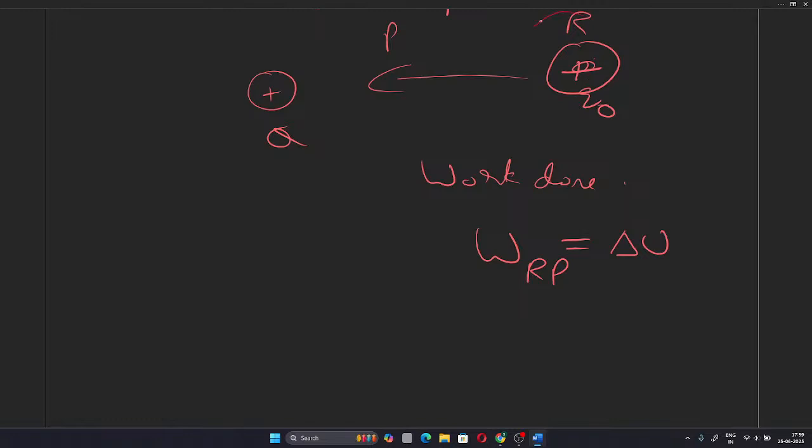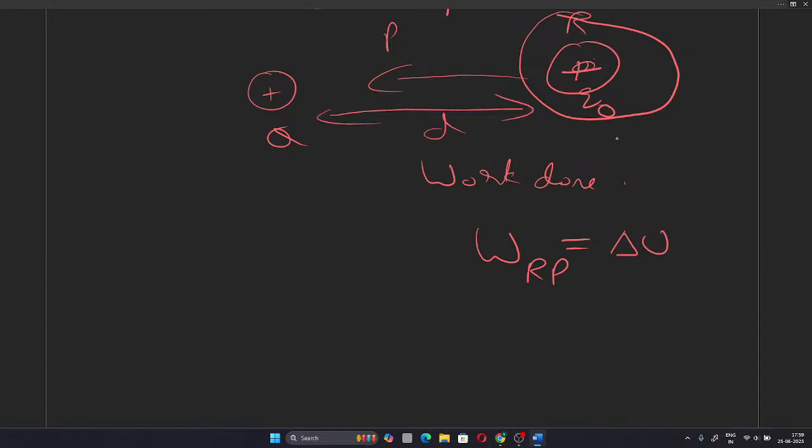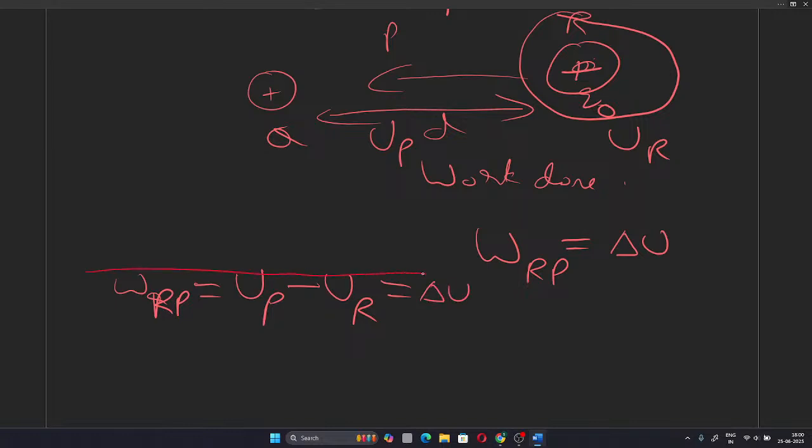Because at this point R as well, when the distance between the charges is less than infinity, this charge will have a potential UR, and at point P there will be potential UP. So work done in moving a charge from point R to P is equal to potential UP, which is the high potential, minus UR, the low potential, which equals delta U, the potential difference. So work done equals potential difference.